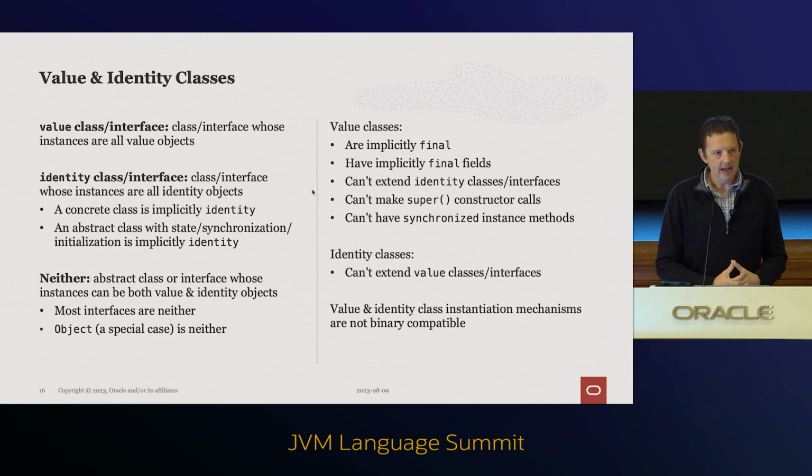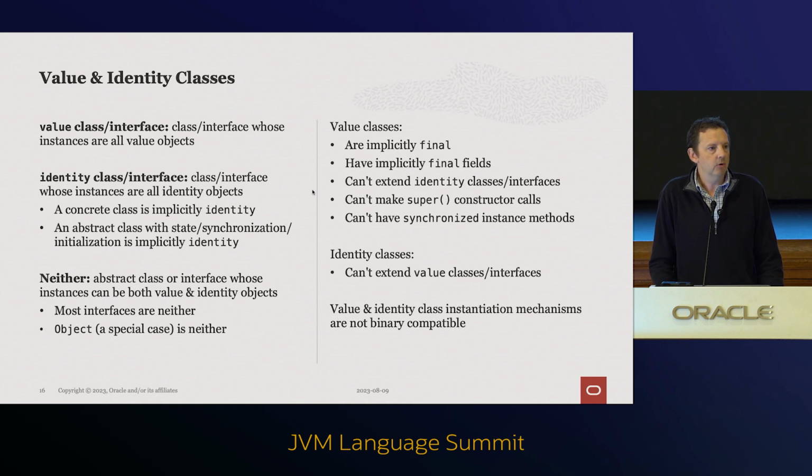A value class, then, is a class that is marked to have value object instances. That's straightforward. An identity class is a class that says I have identity instances, or that my subclasses all must be identity classes with identity instances. And this works on interfaces too, so I can declare a value interface, I can declare an identity interface.